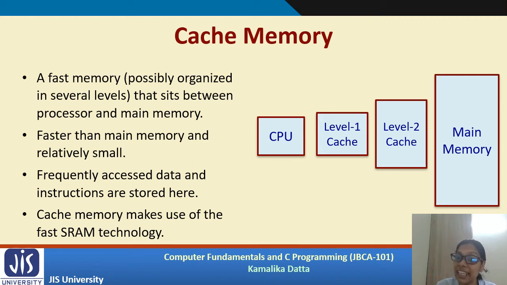And due to the inherent property of computer execution that frequently used instructions and data will be used again in future, we do not have to go to main memory to access the data because it is already stored in cache memory. This is where the advantage of cache memory comes into the picture.